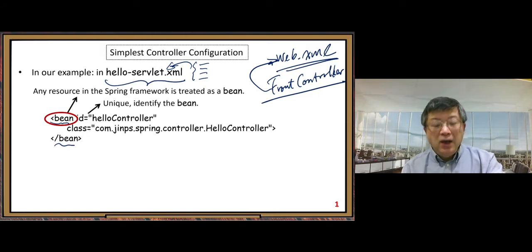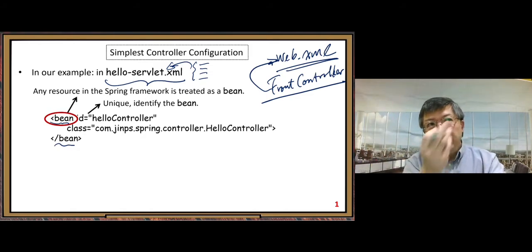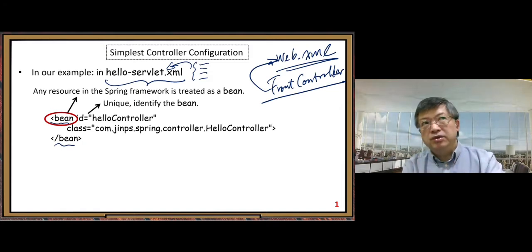Then the ID must be unique. So if you use the ID attribute, make sure each bean has a different ID. You use it to identify the bean, because later, in other beans, you may need to refer to this particular bean to do something special.